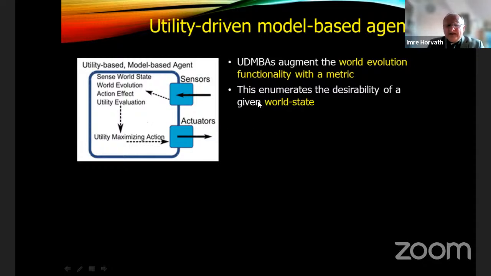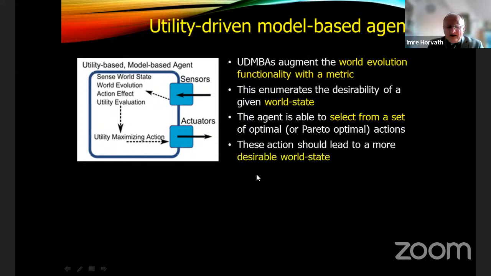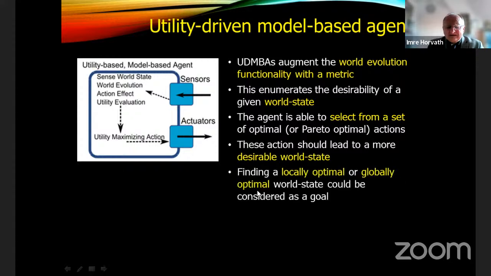The utility-driven model-based agent enumerates the desirability of a given world state. The agent is able to select from a set of optimal, typically Pareto optimal, actions. These actions should lead to a more desirable world state or environment state. Everywhere the word world should be substituted by the direct environment.